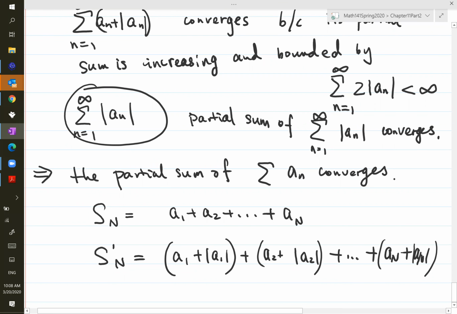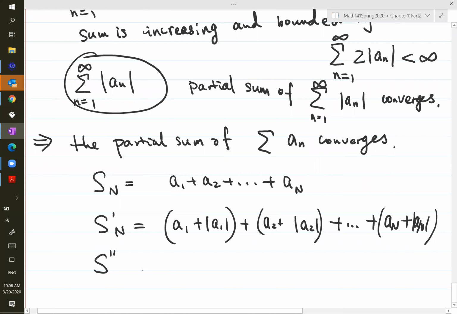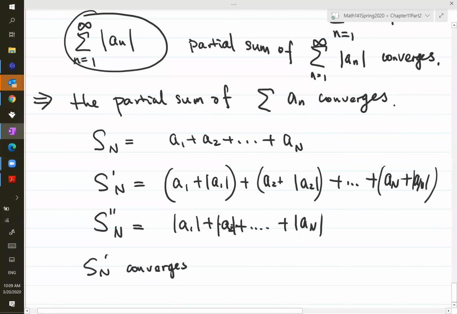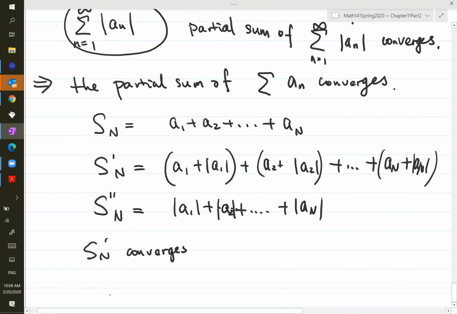And S double prime N will be |a_1| plus |a_2| plus etc. plus |a_N|. Now the partial sum for the series, then actually we know this thing converges because it's bounded and increasing, and this actually converges.